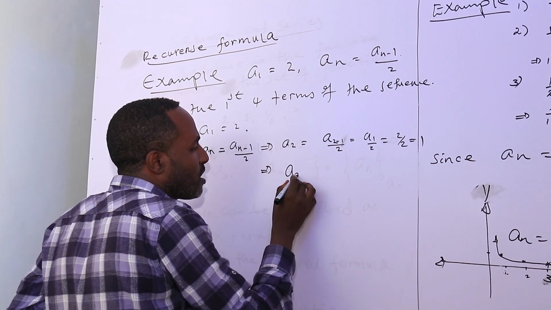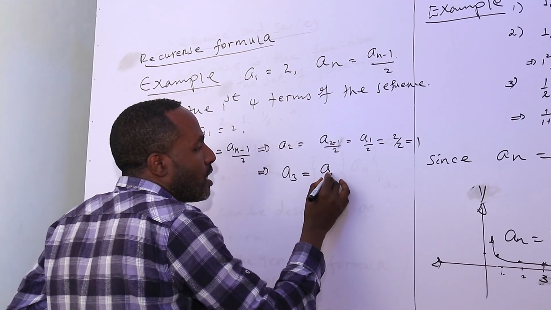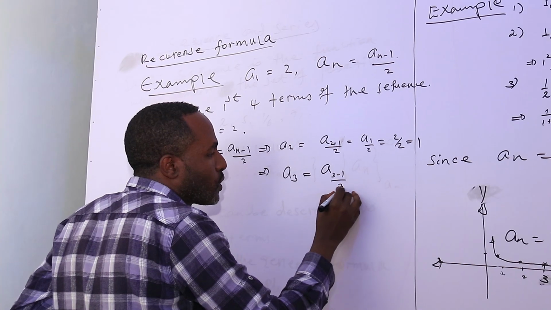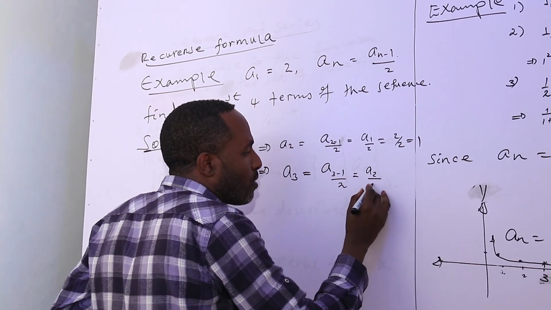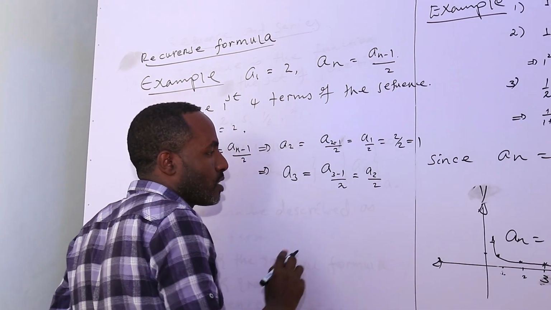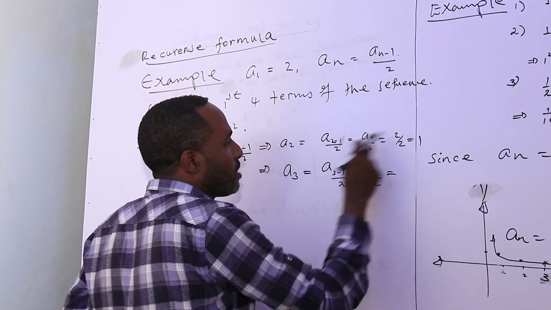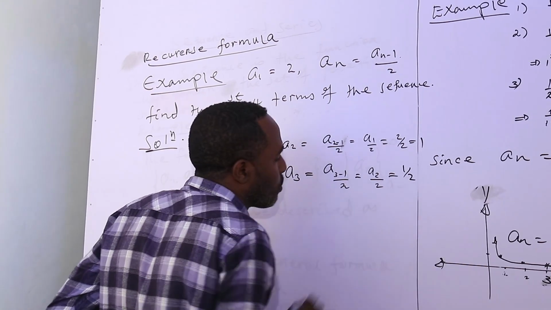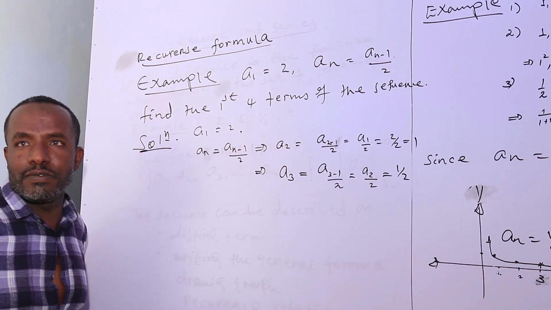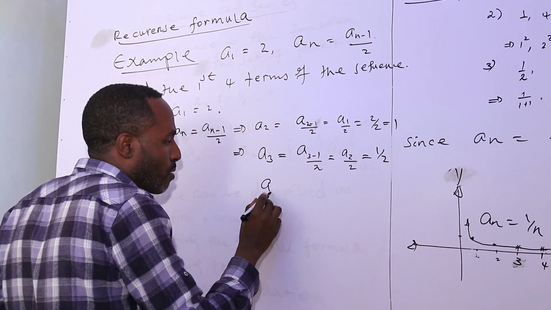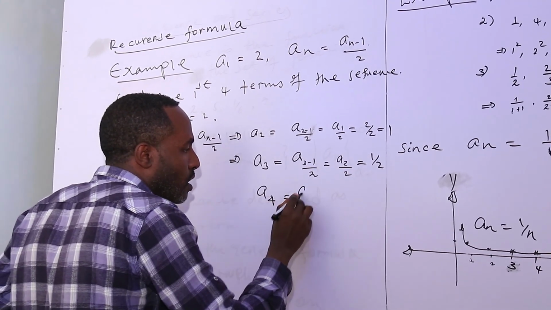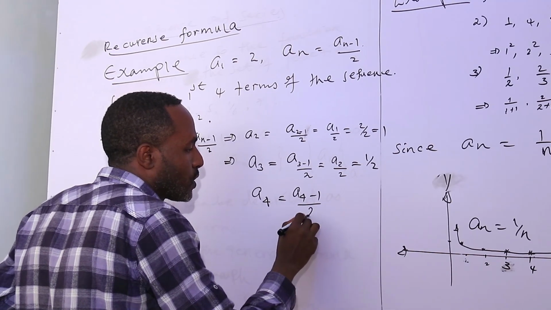The third term A3 means A_(3-1) over 2 as the formula is given, which is equal to A2 over 2, because 3 minus 1 is 2. A2 is 1, so this equals 1 over 2, so the third term gives us 1 over 2. In that case, A4 is equal to A_(4-1) over 2.